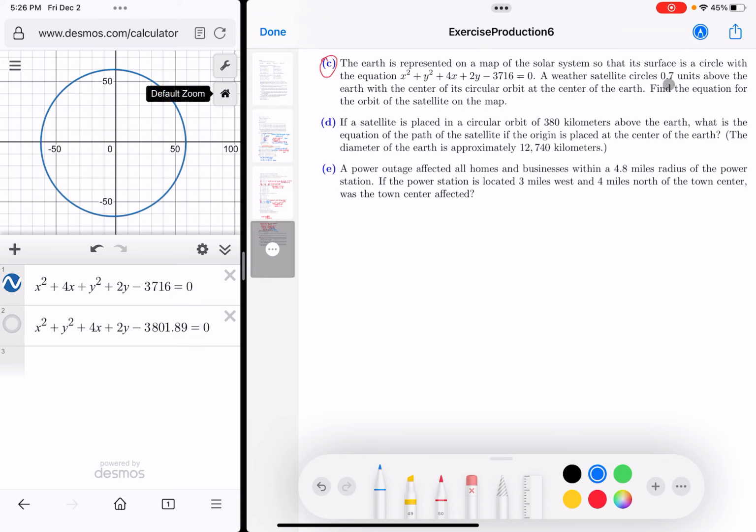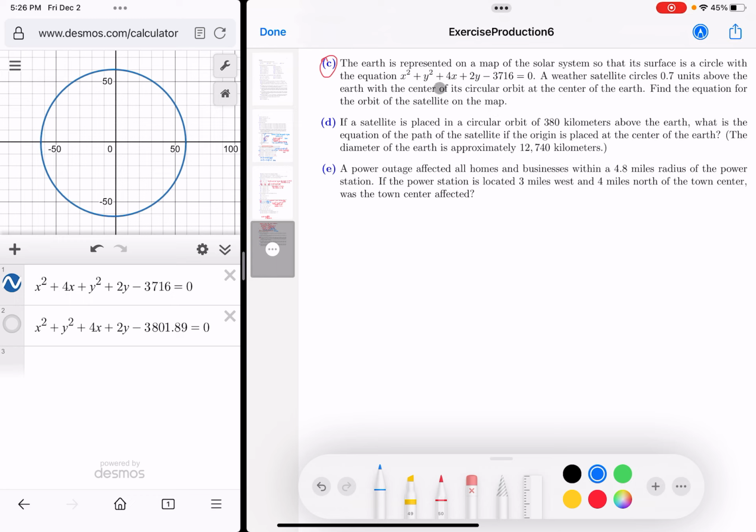Anyway, it is 0.7 units above, and then the center is the same as the center of the Earth. And then here, what we need is to find the equation for the orbit of the satellite.